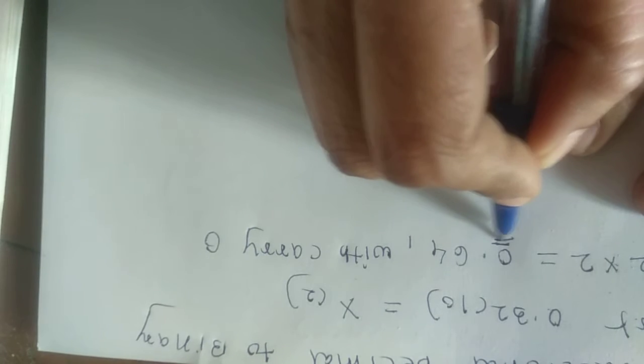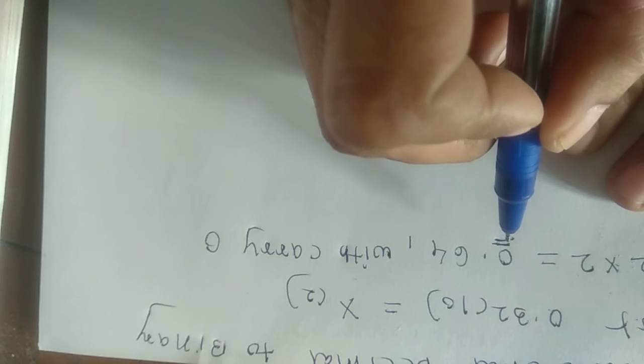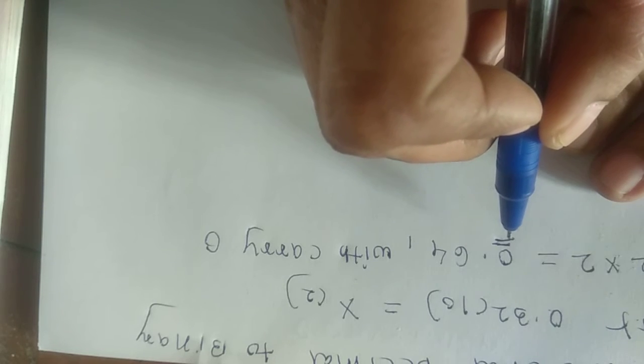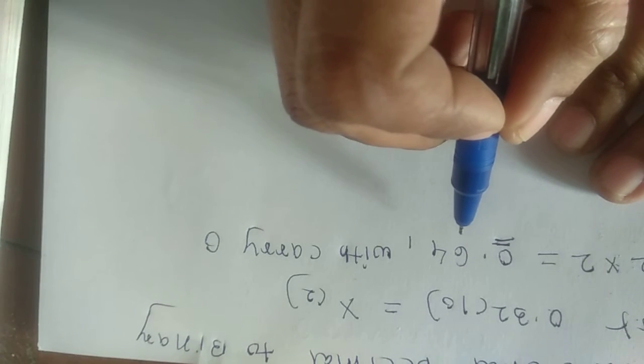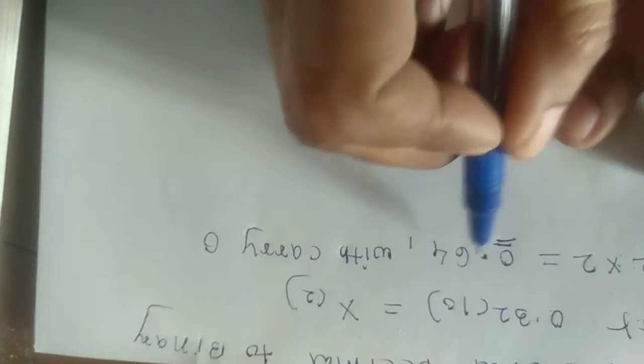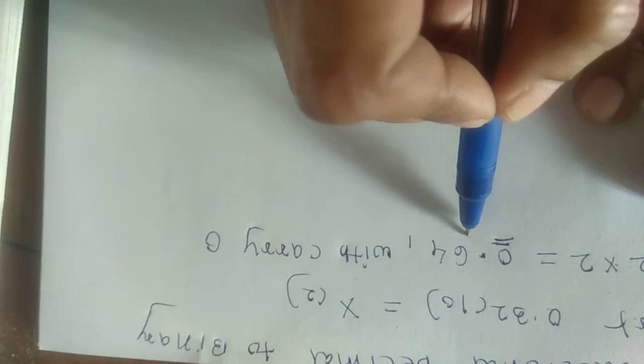Whatever integer you are getting, that will be 0 or 1. Because you are multiplying by 2 each time, and every time you take the next number to be multiplied, it will be a fraction.